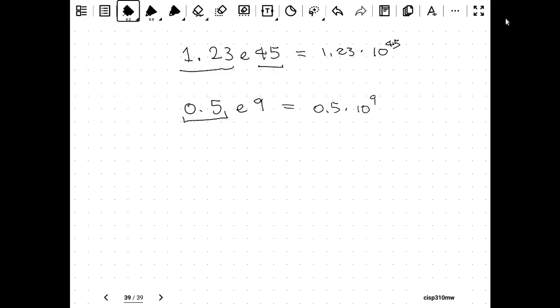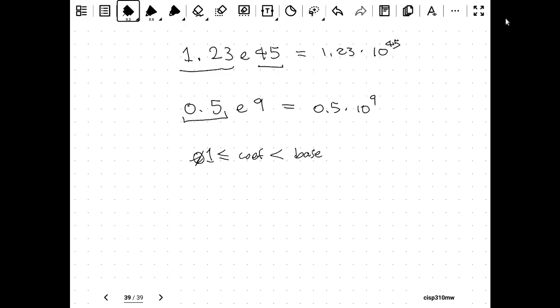So what makes a mantissa a mantissa? When the coefficient is greater than 0, actually, I take it back. It has to be greater than or equal to 1. This is the coefficient, the number before the e, but it has to be less than the base.